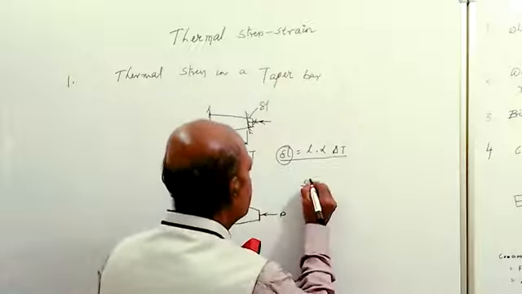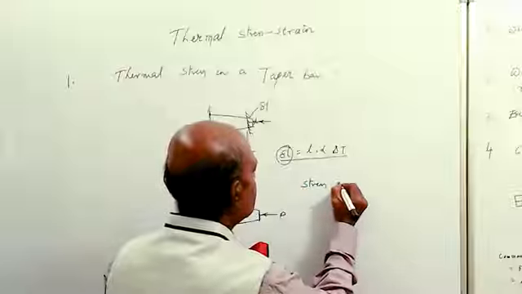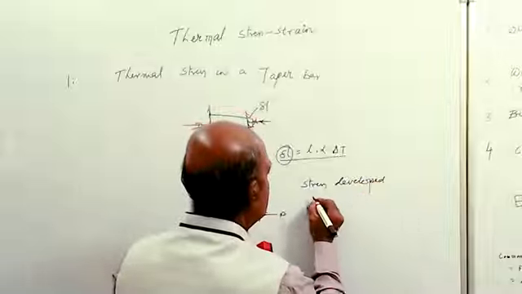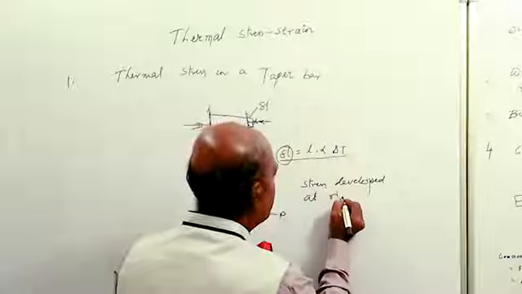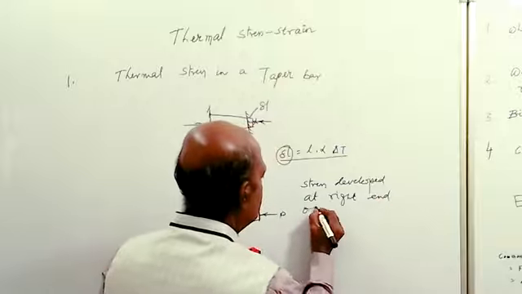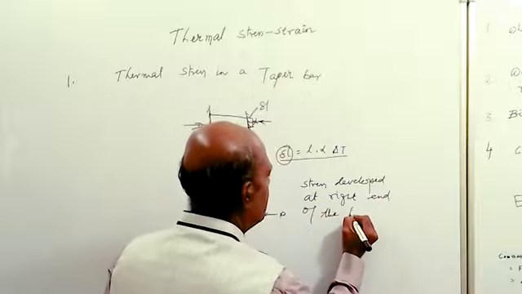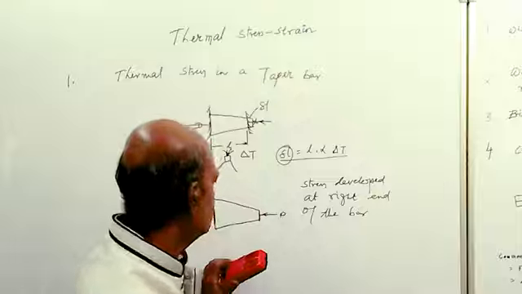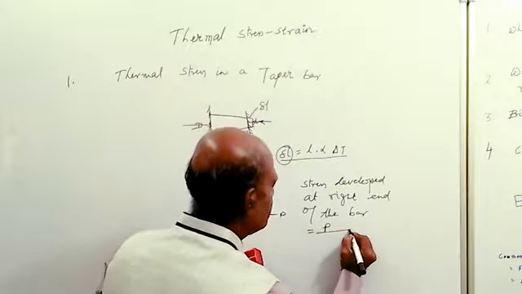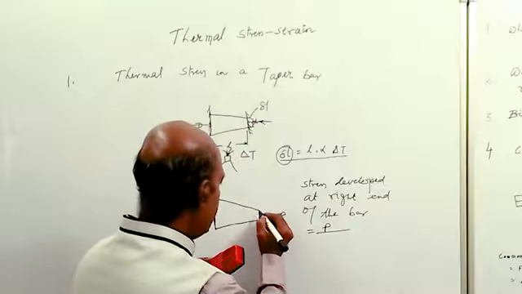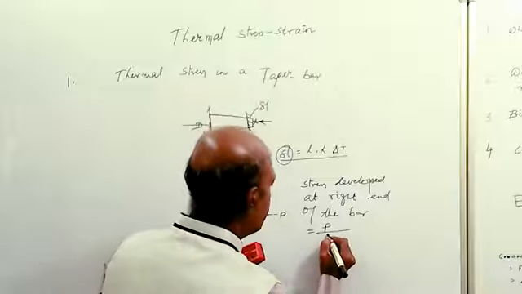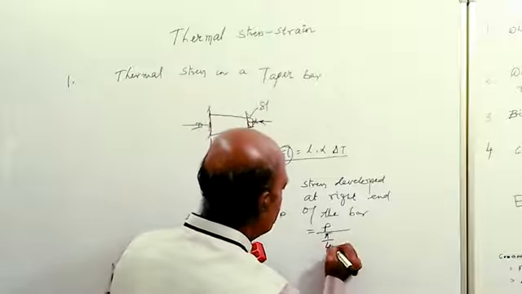So the stress developed at the right end of the bar is given by P by the cross-sectional area. Small d is the diameter at this end, so we can write pi by 4 into small d square.